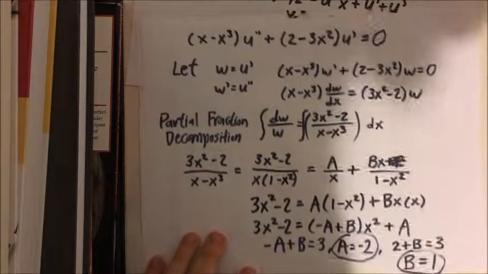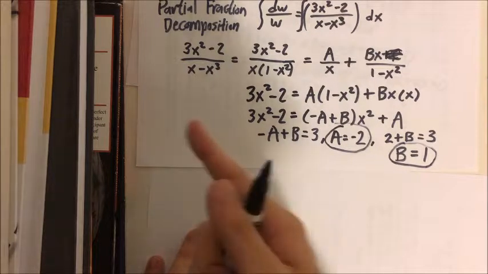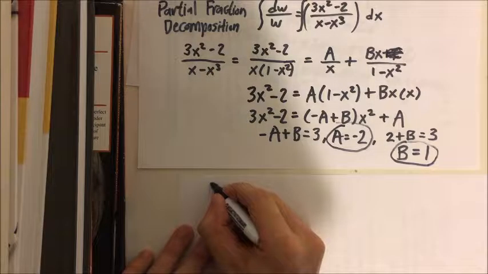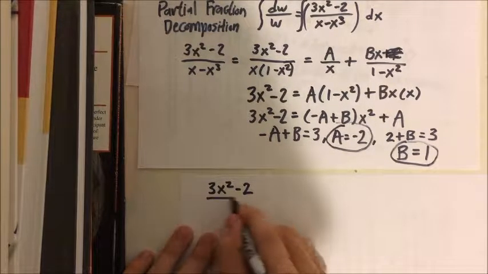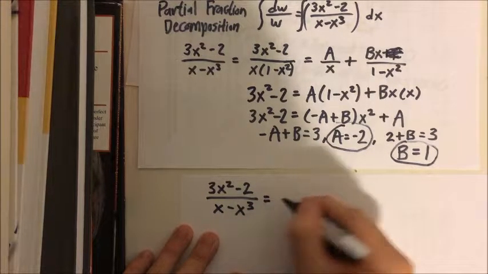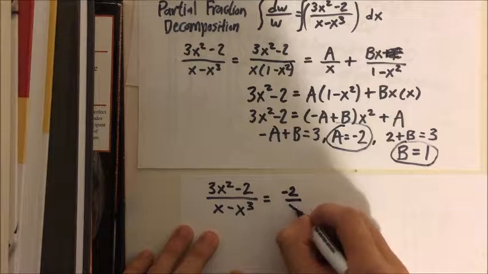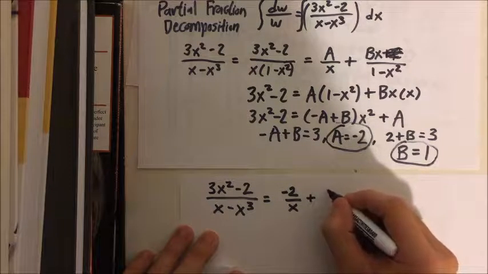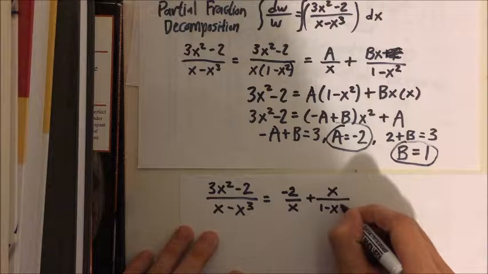Let's move on to a different sheet of paper. So over here, we're going to plug these things in. (3x squared minus 2) over (x minus x cubed) is equal to negative 2 over x plus 1 times x, so that's x over (1 minus x squared).